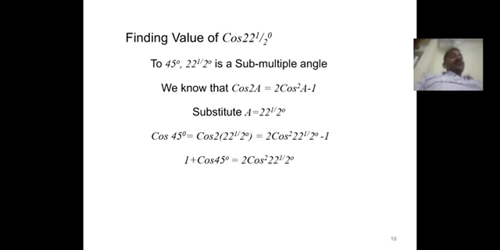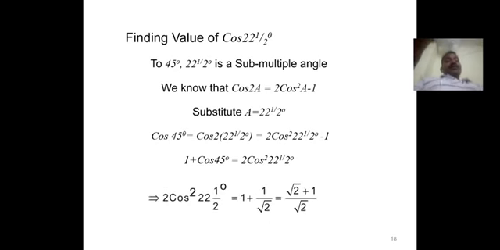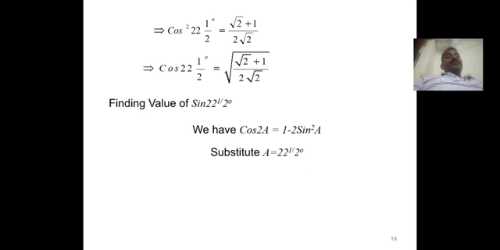So cos square 22 and a half equals 1 plus cos 45 by 2, where cos 45 is 1 by root 2. Taking LCM, root 2 plus 1 by 2 root 2. So cos 22 and a half is the square root of root 2 plus 1 by 2 root 2. Similarly, we can find sin 22 and a half, that is the square root of root 2 minus 1 by 2 root 2.